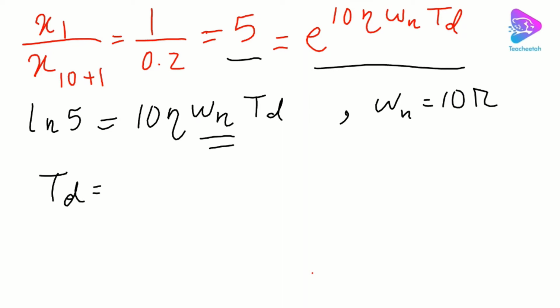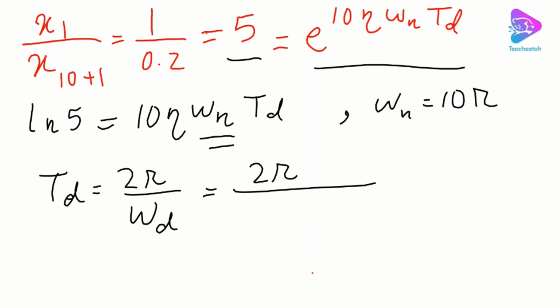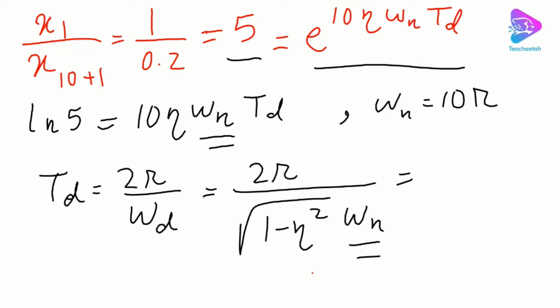Tau d is 2 pi over omega d, which is equal to 2 pi divided by the square root of 1 minus zeta squared times omega n. As you look at this equation, we have omega n here. Omega n was 10 pi, so we can plug it in here. So tau d is equal to 0.2 divided by the square root of 1 minus zeta squared.